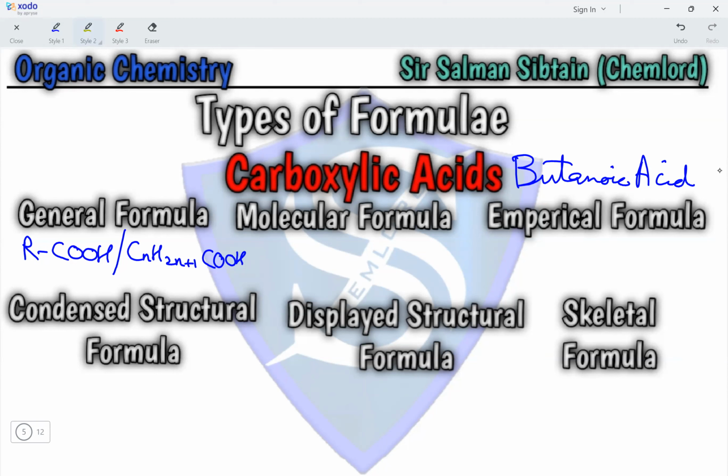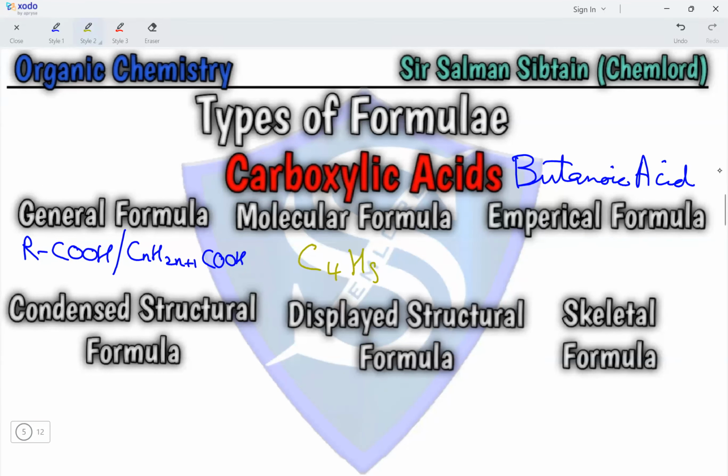So a 4 carbon carboxylic acid would have 1 carbon as the COOH group, so the remaining number of carbons would be 3. So C3 and H would be 2 times 3 plus 1, 7. So in total, 3 carbons in the R group and 1 carbon in the functional group. So C4, 7 hydrogens in the R group and 1 hydrogen in the carboxylic group.